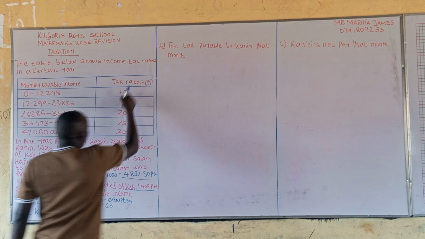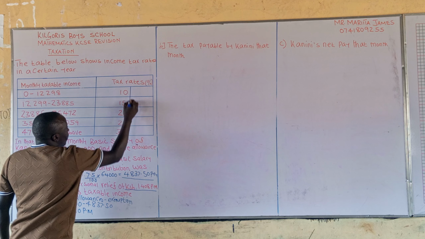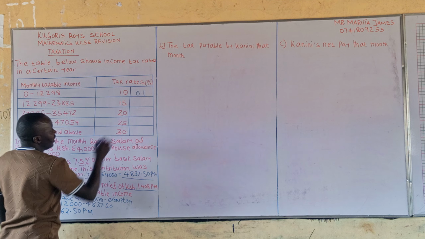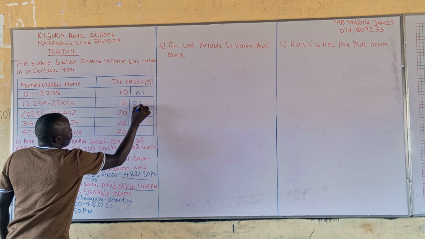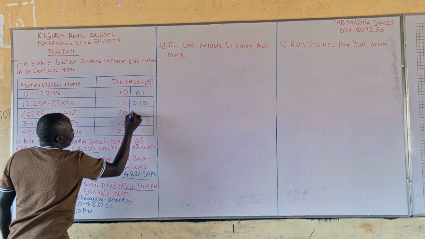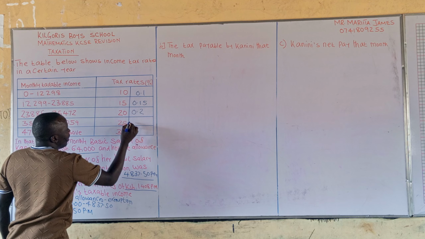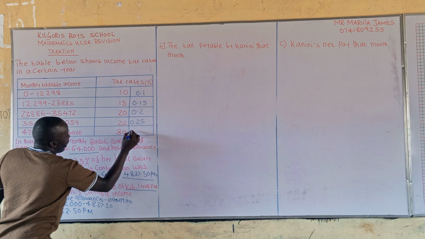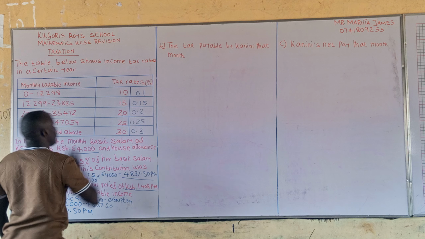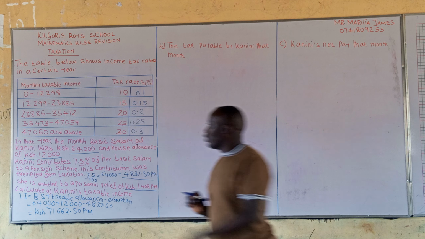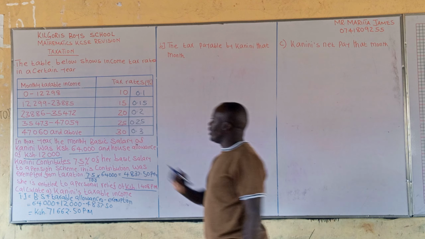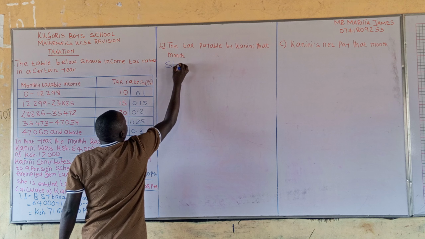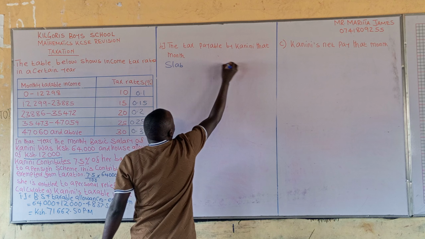So if you take these as over 100, we have 0.1, 0.15, 0.2, 0.25, and finally 0.3. So from 0 to 12,298, we have that slab, and then we have the tax being paid.